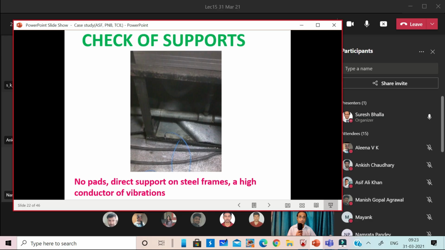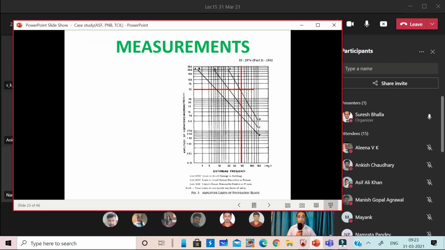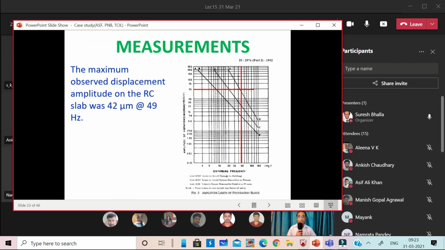Even the walking was creating vibrations, but walking was not a problem. The main problem was that the staff were reporting rhythmic vibrations, just like in the earlier case study. At one point we found the frequency was 49 hertz and the amplitude we measured was 42 microns.